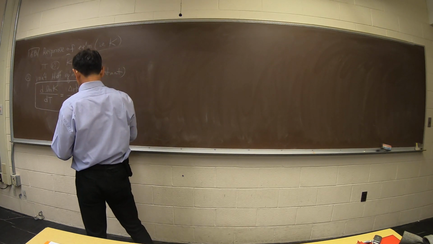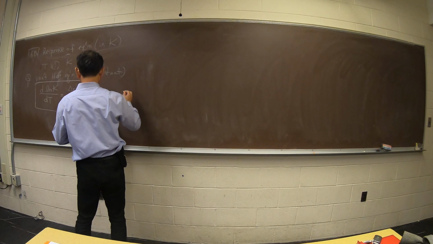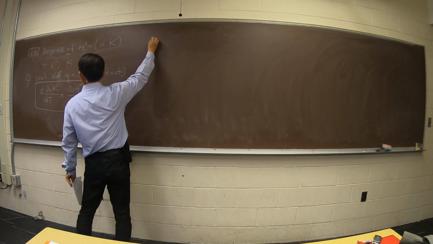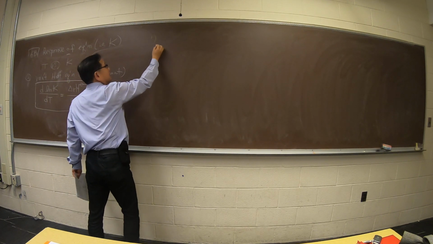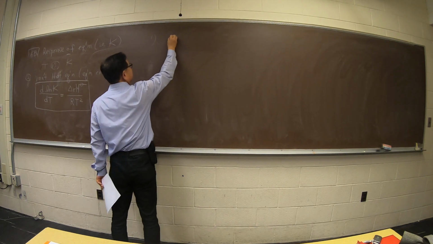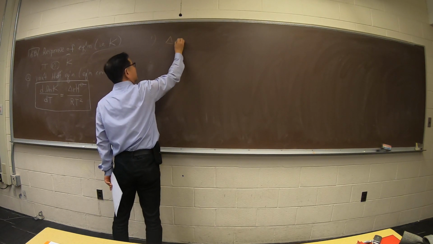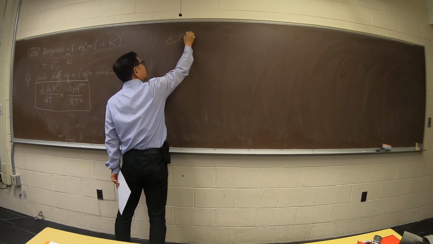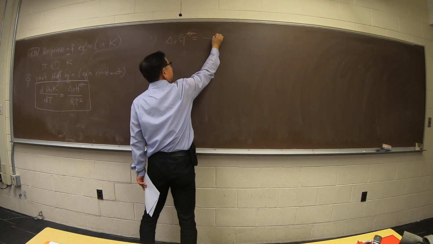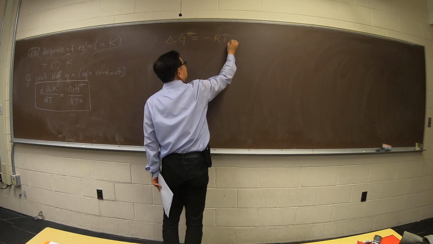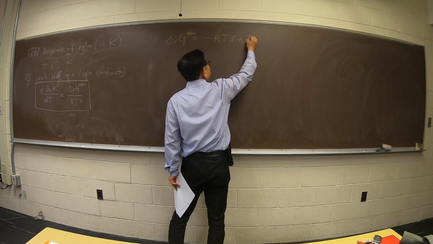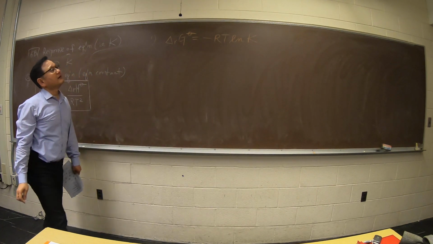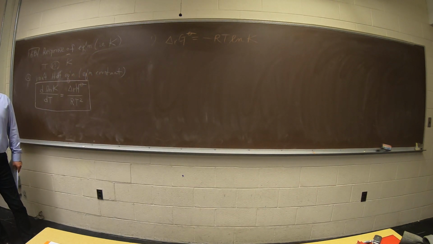When I look at this, there are two things that I want you to remember. One is this one, right? Delta_r G naught is minus RT ln K. Everyone has no problem with this, right?